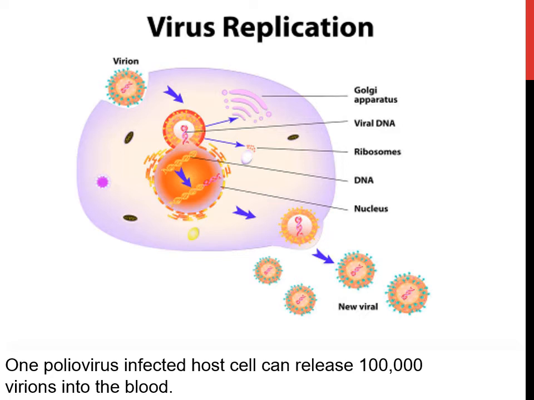Okay, so in this image you can see an individual viral particle, the virion, that's able to get through the plasma membrane and then attach itself to the nucleus, incorporate itself in your DNA.